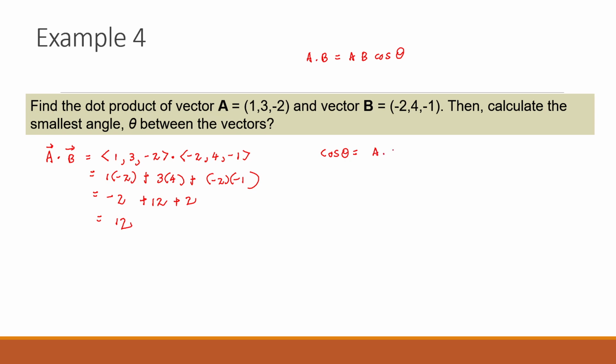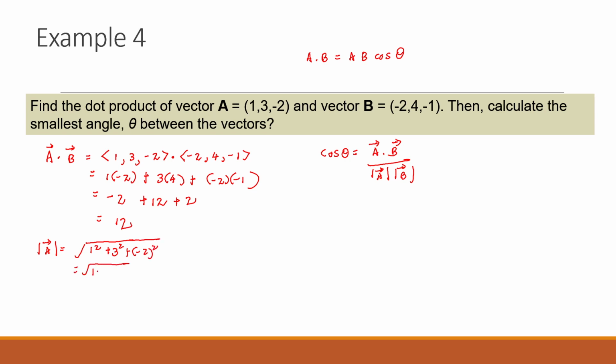So for A dot B, you put the magnitude of vector A and magnitude of vector B. Hence, you need to find the magnitude of vector A and the magnitude of vector B. The magnitude of vector A is the square root of 1 squared plus 3 squared plus negative 2 squared.